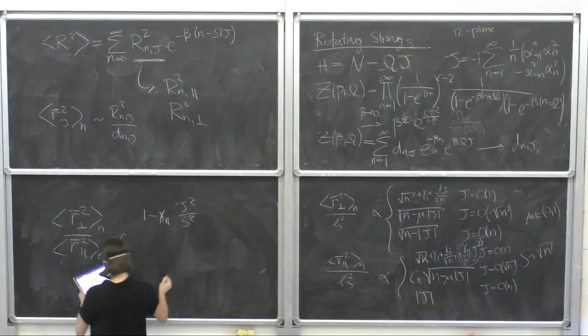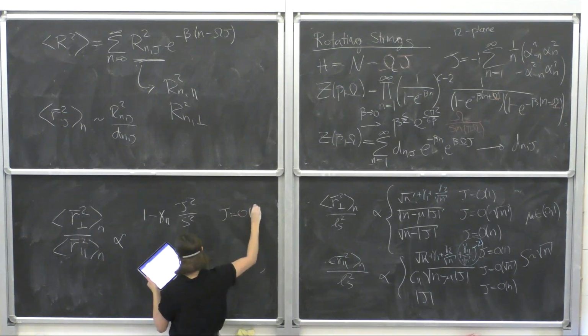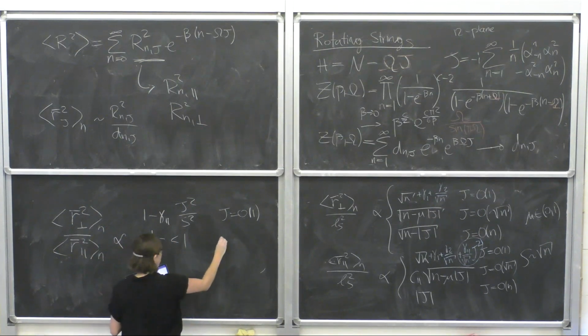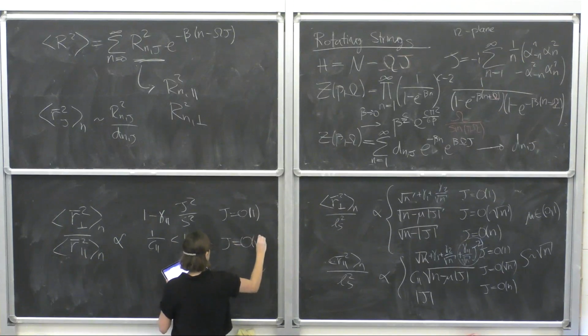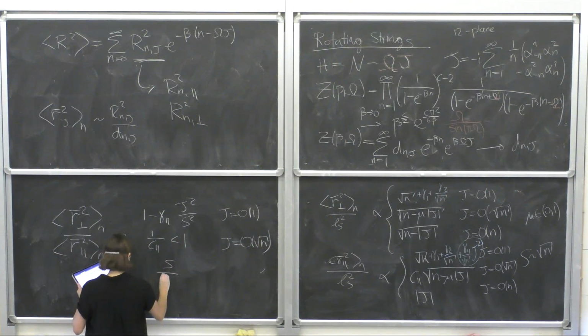So you divide the 2, there will be 2 powers. That is for j of order 1. Next is a constant, which is smaller than 1, because this constant c is bigger than 1. And then the third regime gives me s over j.